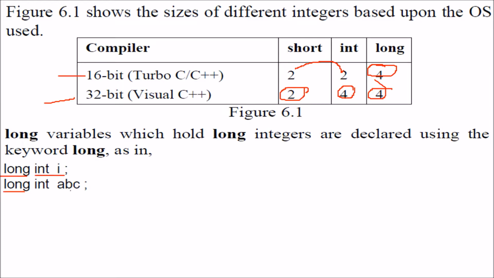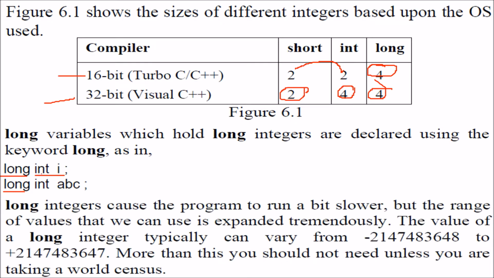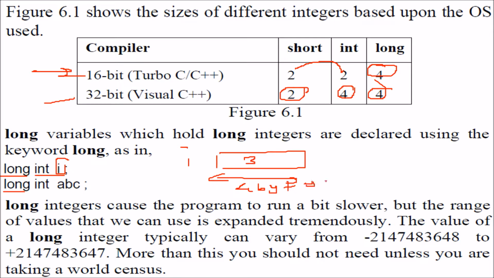So long int abc or long int i means this long integer is taking a bigger size. If i has some value like 3, it is going to be stored, and this is going to take 4 bytes of memory.